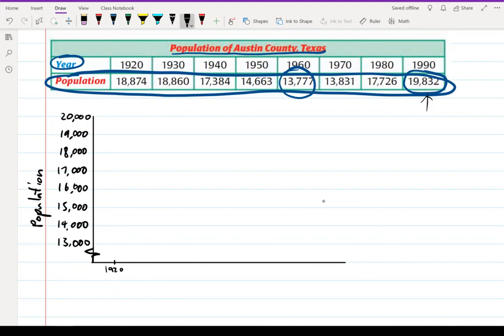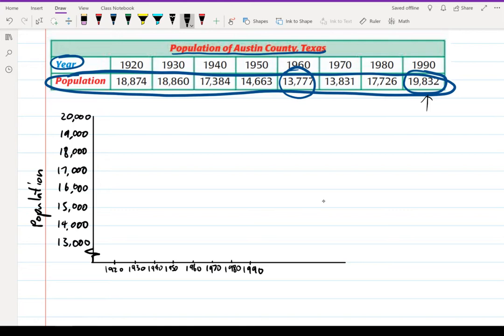That's fine. 1920, I'll just estimate. 1930, 1940, 1950, 1960, 1970, 1980, and lastly 1990. So I didn't need that much space, that's fine.